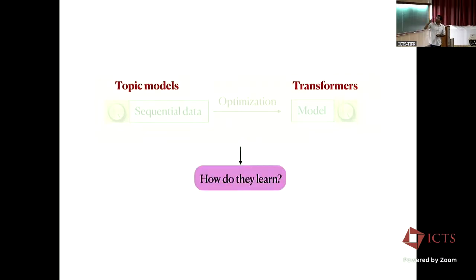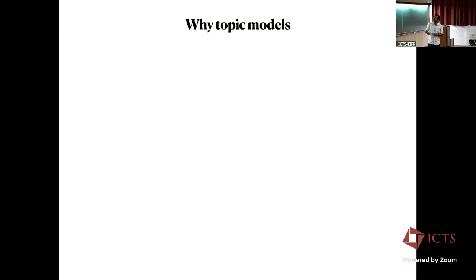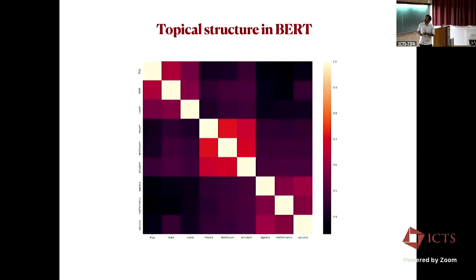Initially, I planned to cover another structure, topic models, but since we have a few minutes, I will just give a very high-level takeaway. Topic models have been around for a long time, from the classical LDA and so forth. What people often observe is that many pre-trained models like BERT exhibit a topical structure, meaning that if you look at word-word similarities, you see a kind of block structure.